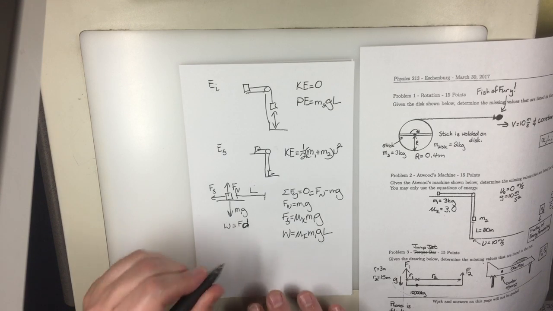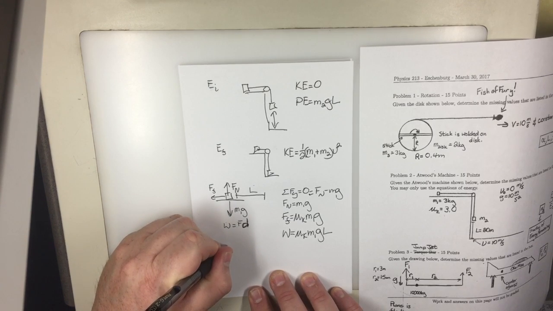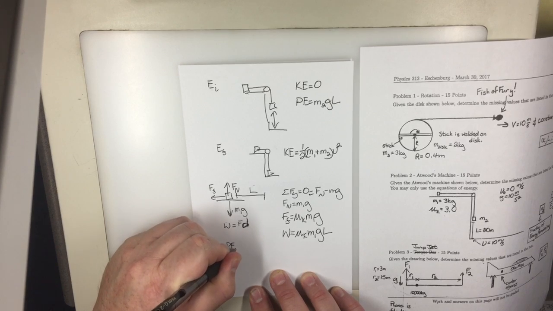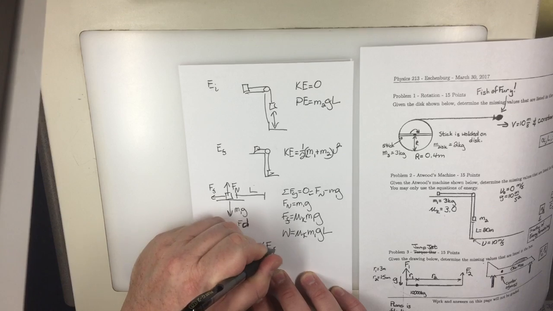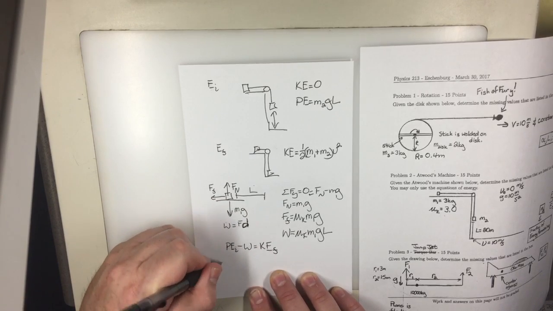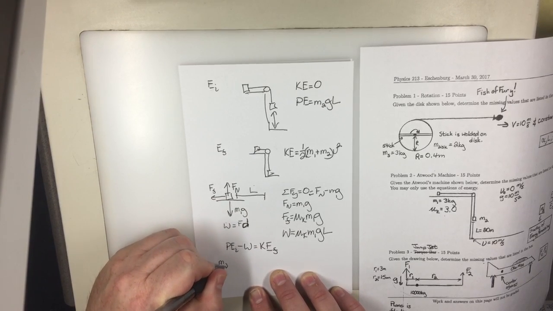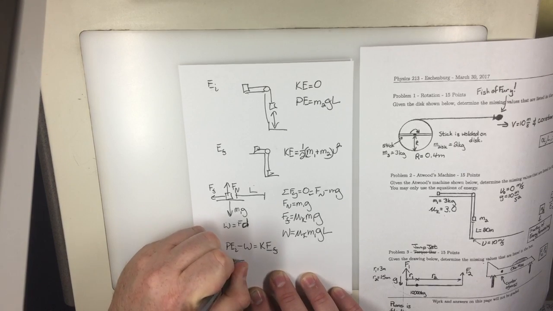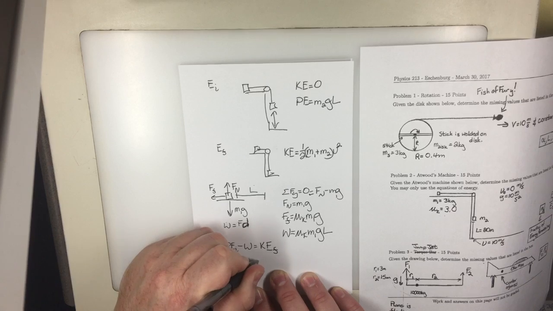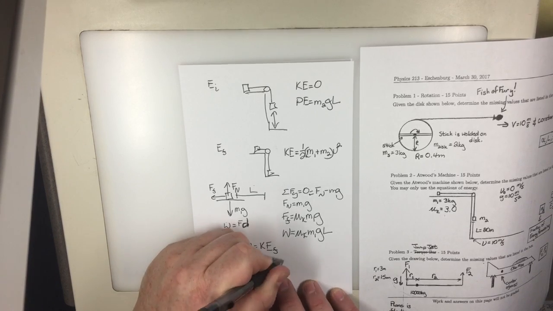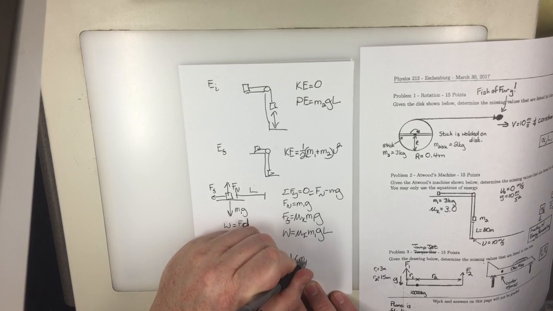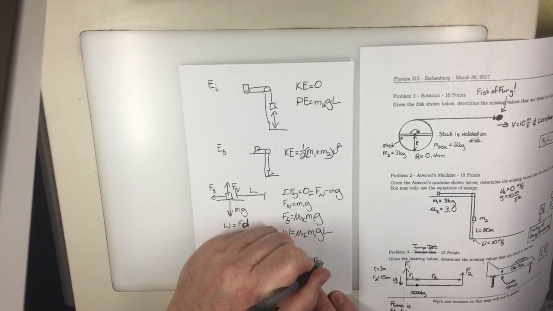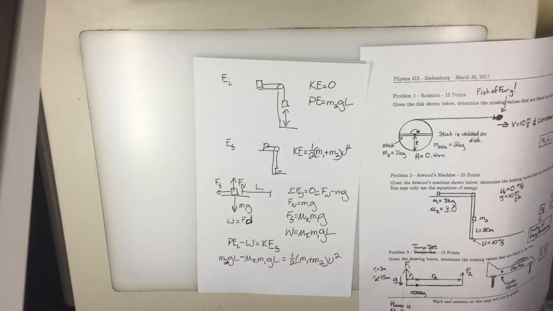So put the pieces together. Potential energy initial minus work is equal to kinetic energy final. Potential energy initial, M2gL, minus work, mu sub k M1gL, equals kinetic energy final, 1/2 (M1 plus M2) V squared.